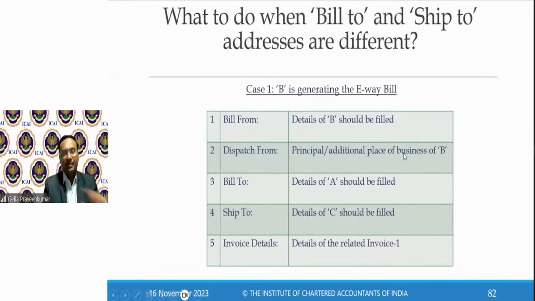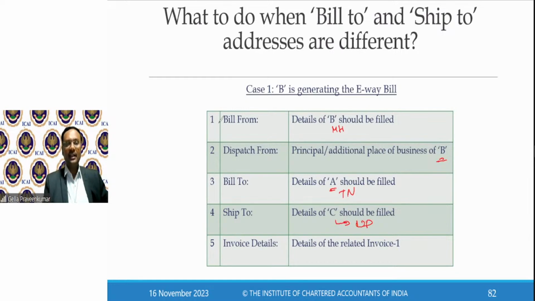In case the middleman B is generating the e-way bill, bill from Mr. B, who is there in Maharashtra: he will say, I'm billing from Maharashtra, dispatch from this particular place in Maharashtra, bill to Mr. A, assuming Mr. A is in Tamil Nadu, ship to Mr. C, who is there in, say, UP.